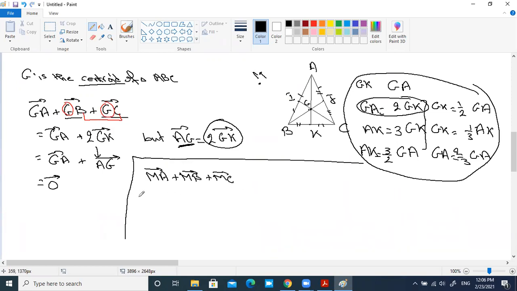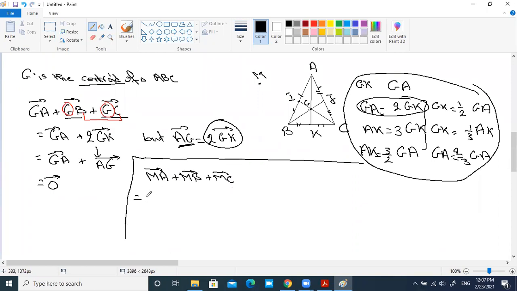Let's see what will be the answer. Can we insert a point on these three vectors? Can't I insert point G? Here insert point G, and here insert point G, and here also point G.